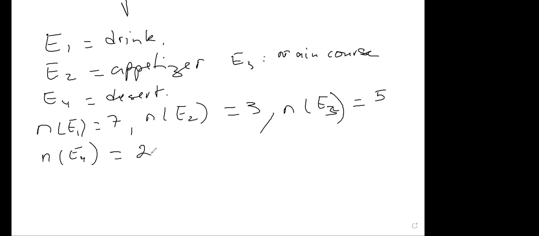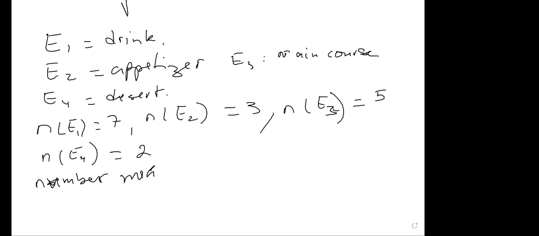Then the fundamental counting rule tells us that if a sequence of events have to occur, then the number of ways for the events to occur will be the multiplication of the number of ways of each of the events. So the number of ways to choose a meal, we are assuming that a meal comprises a drink, an appetizer, a main course, and a dessert.